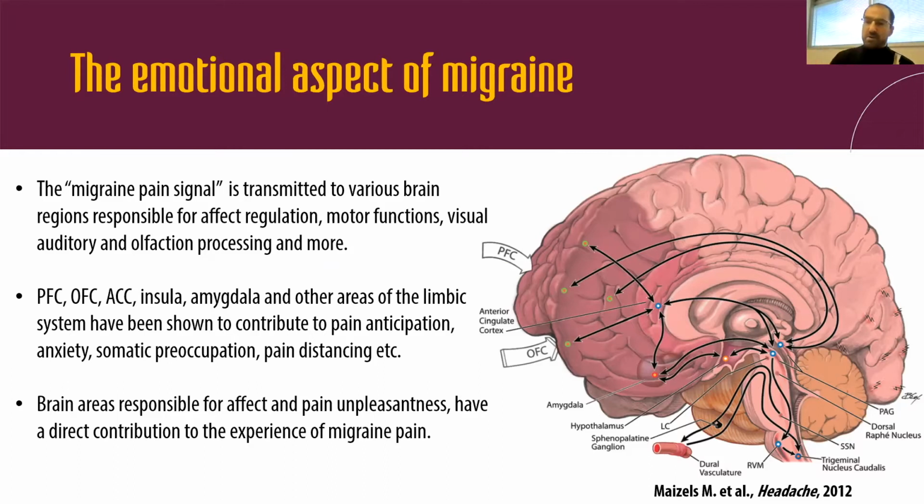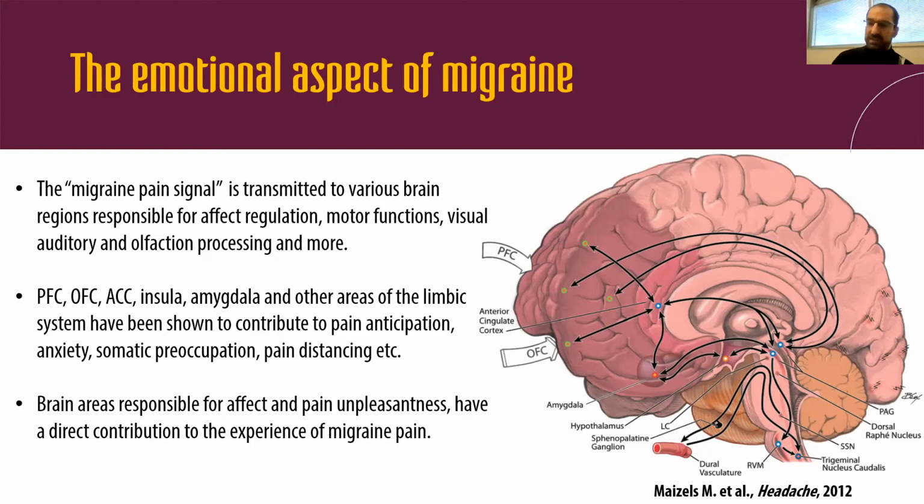But those signals physiologically are going to other brain areas that are responsible for regulation of affect, for motor functions, for visual, auditory, and olfaction or smell processing cues, and of course, other areas that are also involved in memory and so forth.